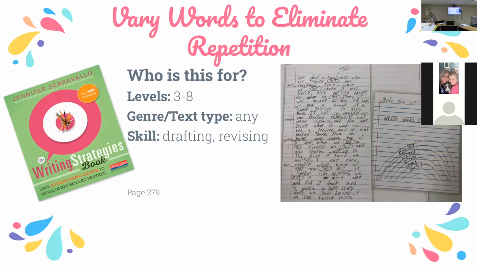So instead of things, let's be a little bit more specific. What can we say instead of things? What would make it more interesting? Okay, you went to Florida and did different things. What are some of those? What did you do exactly?